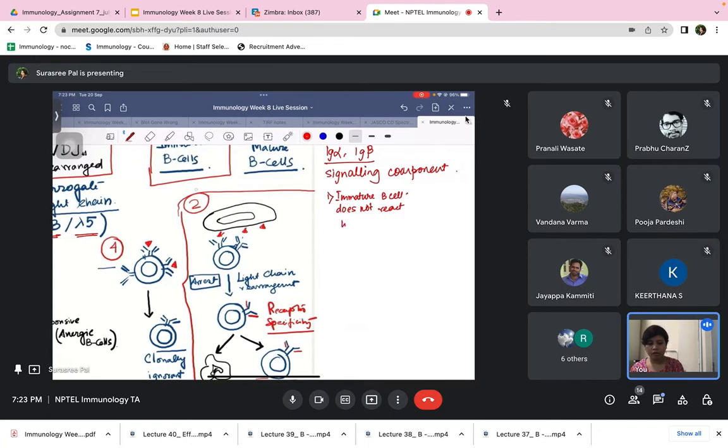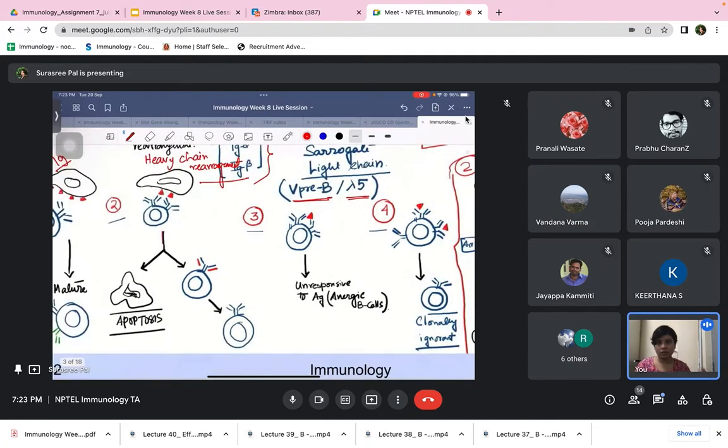So what do you think will be the fate? It will mature. Yes, this population will be selected, right? So they will develop into mature B cells. All right. Next is the opposite of this, that is, the immature B cell reacts to the self antigen.